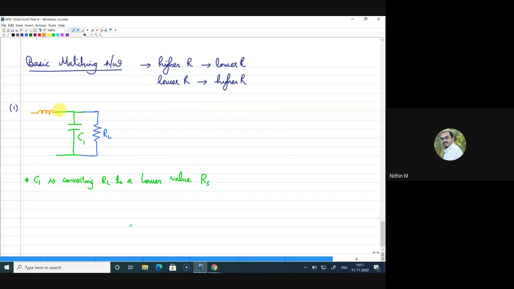I added an inductor in series, and I'm calling it L1, which gives me a structure like this. Why is this inductance added? This inductance L1 is added to cancel the equivalent series capacitance.